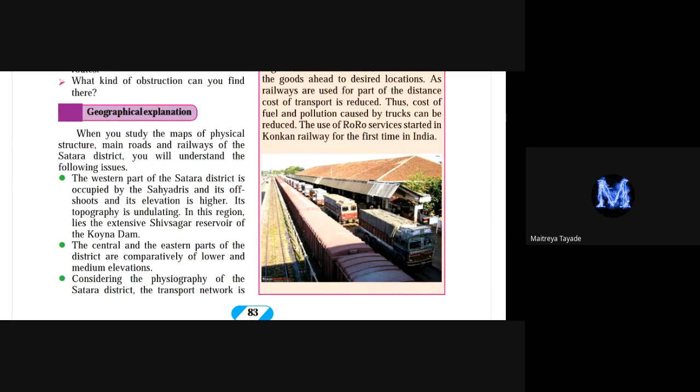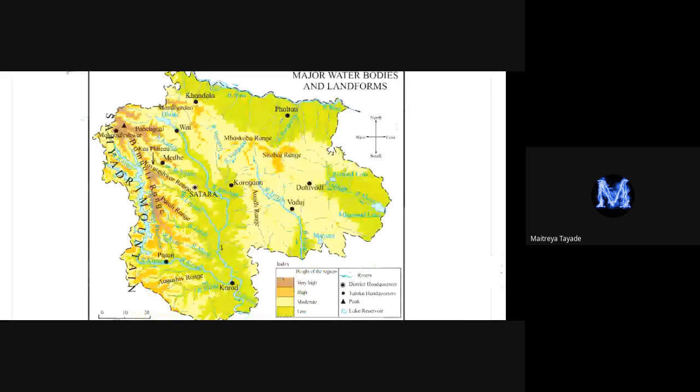In this region lies the extensive Shivasagar reservoir of Koina Dam. In the same Satara district where there is the Sayadri mountain, you can see the reservoir in blue color. Koina Dam is there, the Koina reservoir, a dam and a lake.